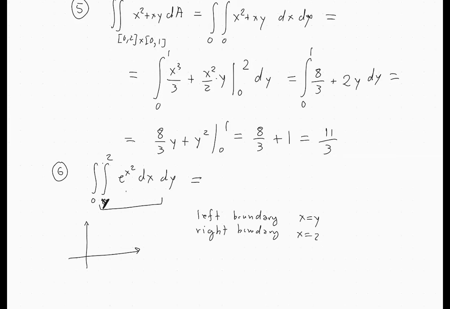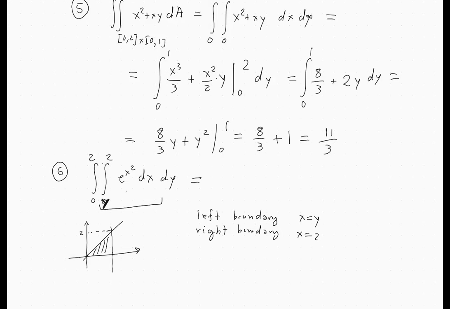So if we try to sketch those things, the left boundary is really the bisector of the first quadrant, and the right boundary is this vertical line. And we know precisely that we go from 0 to 2 vertically, which means that our domain of integration is exactly this triangle.